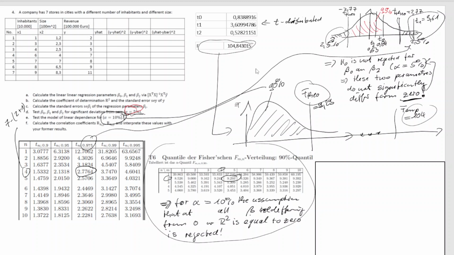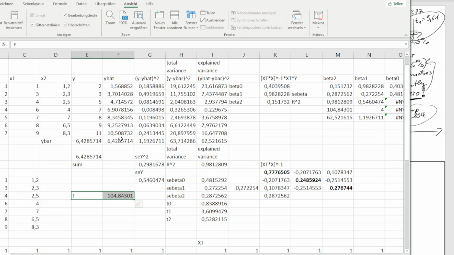And let me take 2 minutes, please, because here we calculate just the correlation between x1 and y, and x2 and y. So R squared x1 y and R squared x2 y.